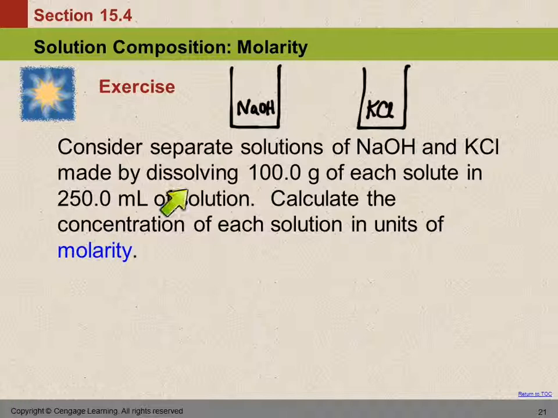And it says it's made by dissolving 100 grams of each. So this beaker over here has 100 grams of sodium hydroxide. And there's 100 grams of potassium chloride in this beaker. And the volume of each of them is 250 milliliters.